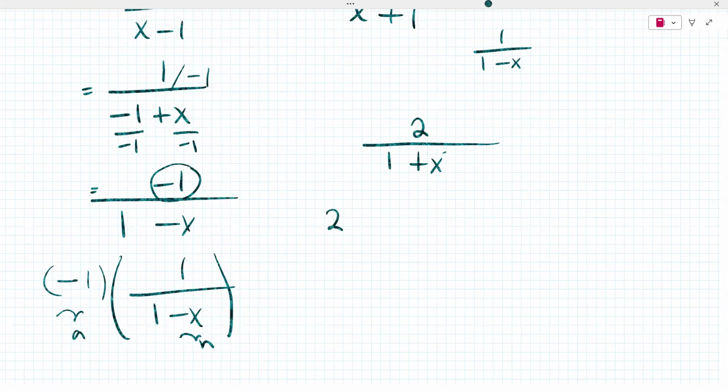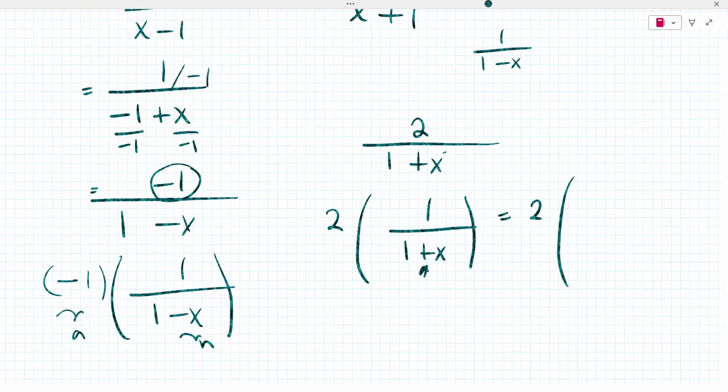So it would be 2 times 1 over 1 plus x. I want this positive x into a negative, so we can rewrite this as 2 times 1 over 1 minus negative x.